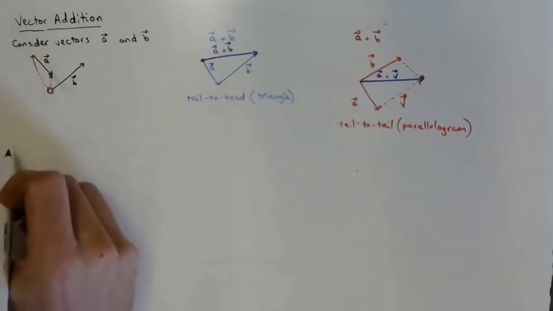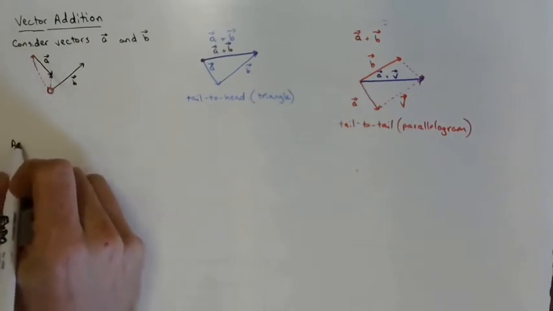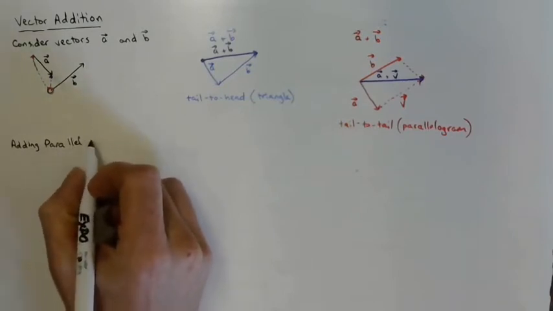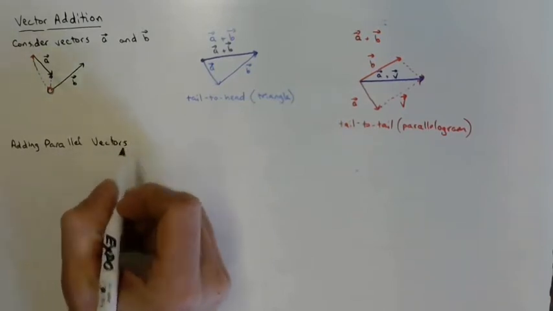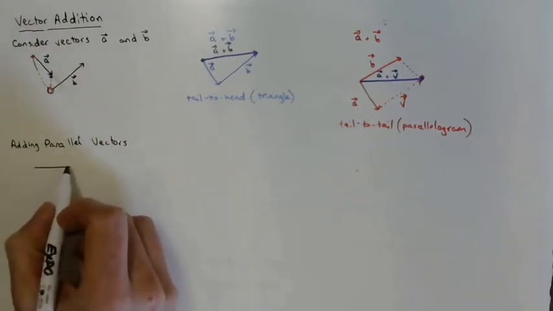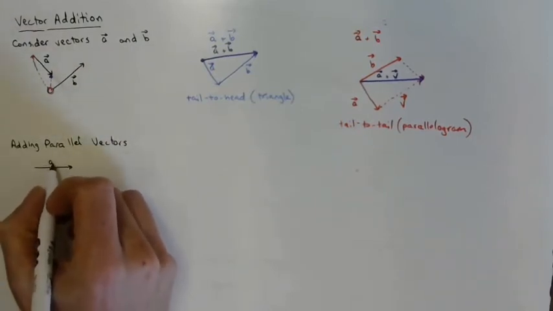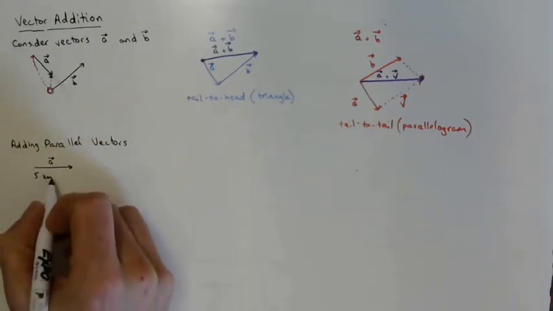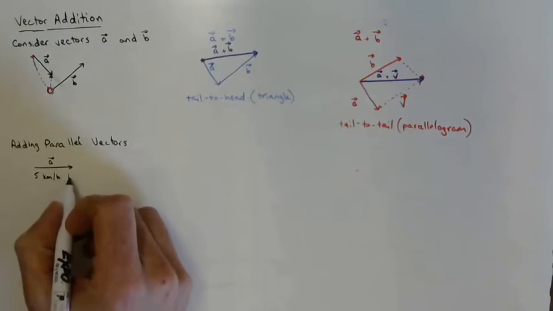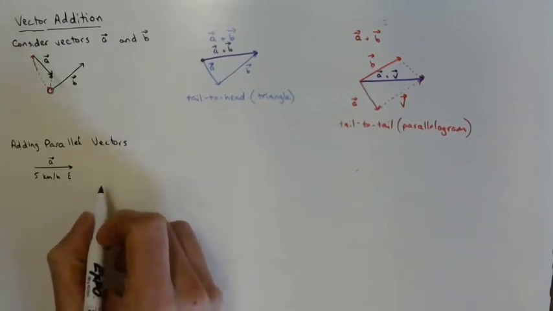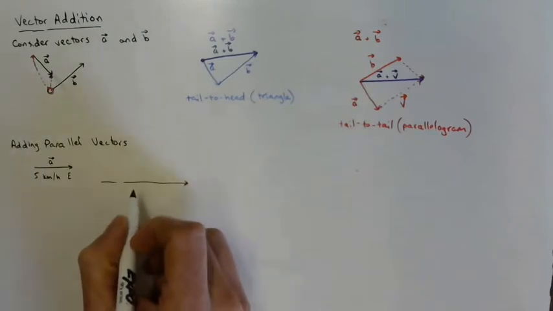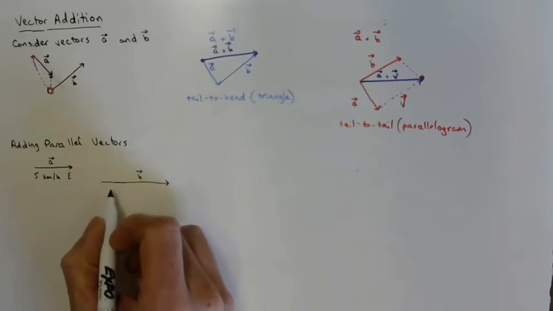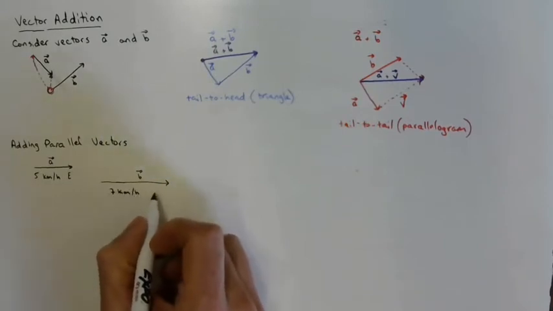From here, we take a quick note on adding parallel vectors. It's really the same strategy. Let's say we had vector A, heading 5 kilometers per hour east, and vector B heading 7 kilometers per hour east.